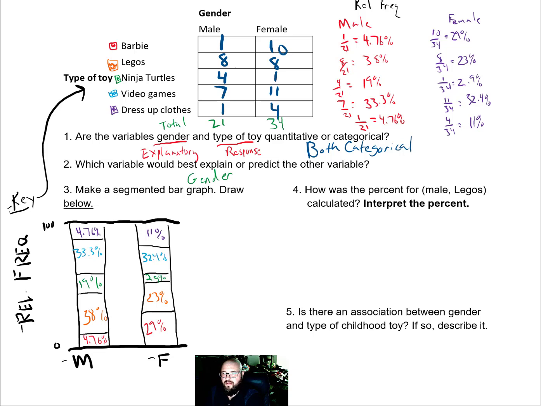So for male and Legos, we simply took this and put it right in here. We already did this to determine it, right? We simply took 8/21, which gave us 38%.